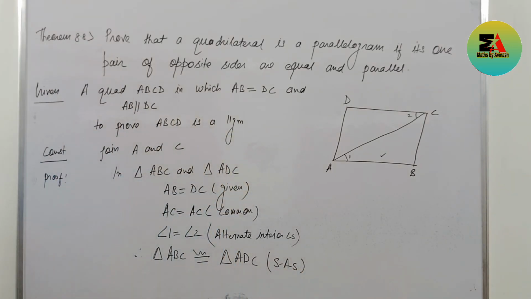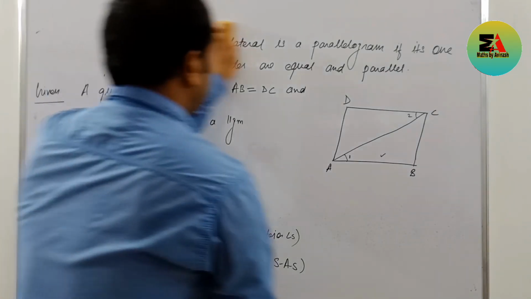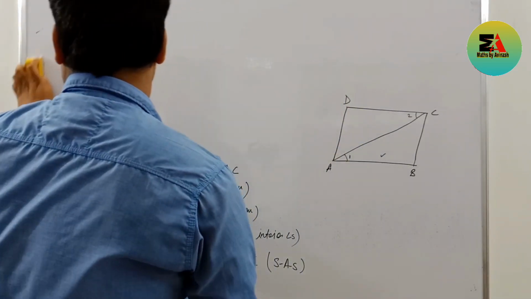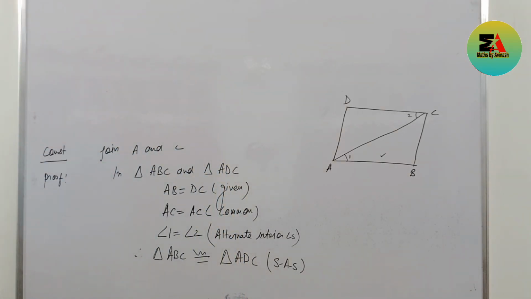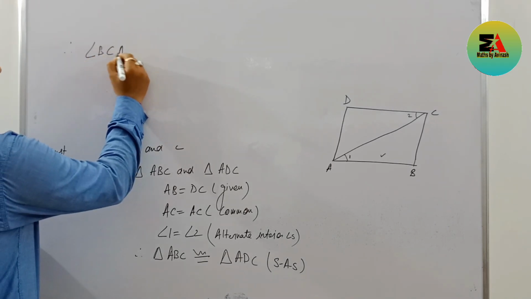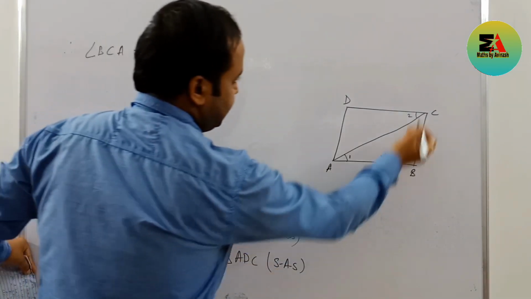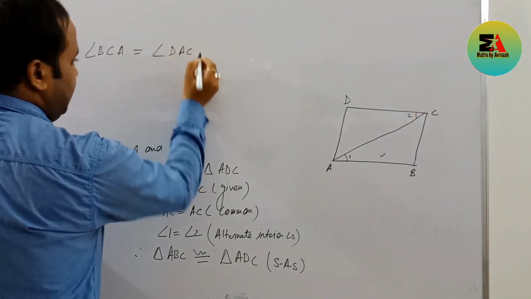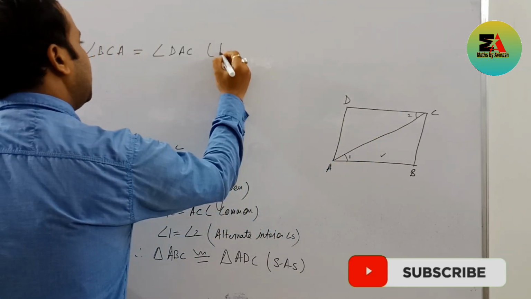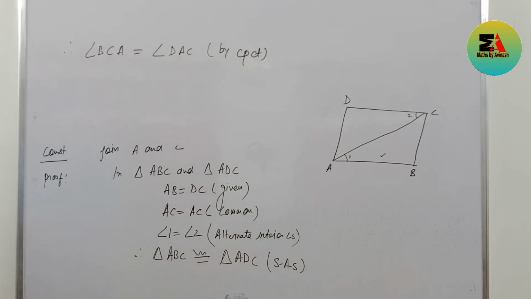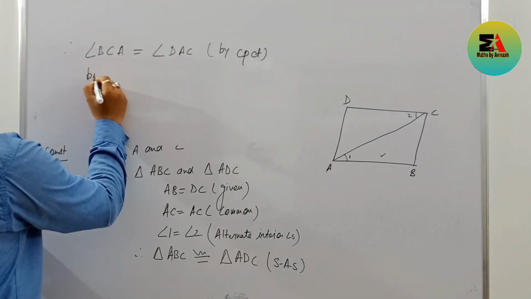When triangles are congruent, then by CPCT, angle BCA equals angle DAC by CPCT.